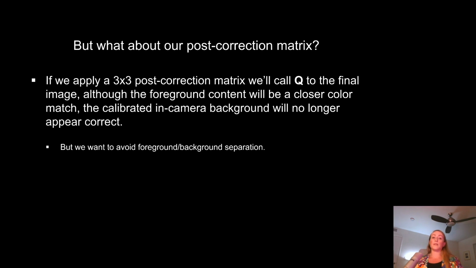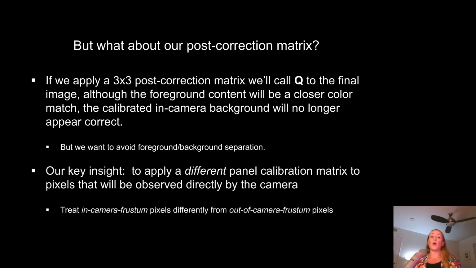So our key insight in this new project is that we can apply a different panel calibration matrix to pixels that will be observed directly by the camera, treating in-frustum pixels differently from out-of-frustum pixels. Since most virtual production stages already leverage camera tracking for parallax adjustments, this is straightforward to implement because you can already separate in-frustum and out-of-frustum content.